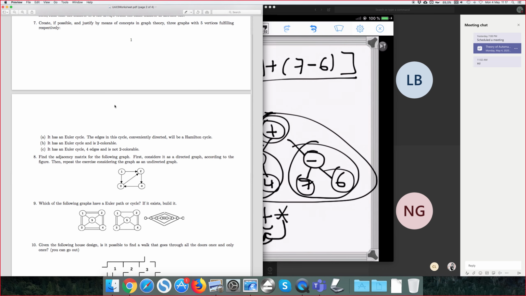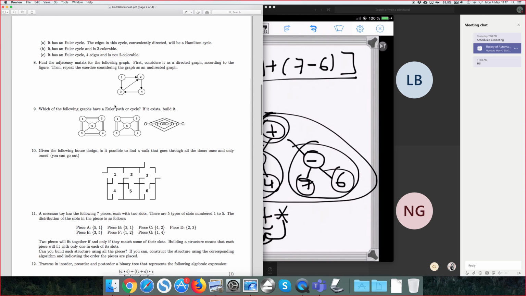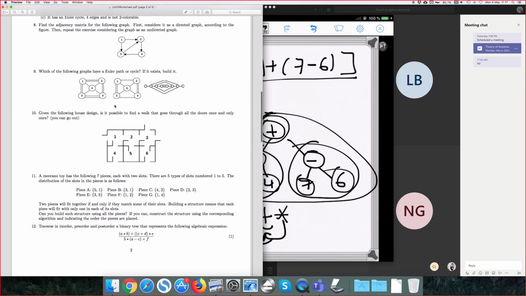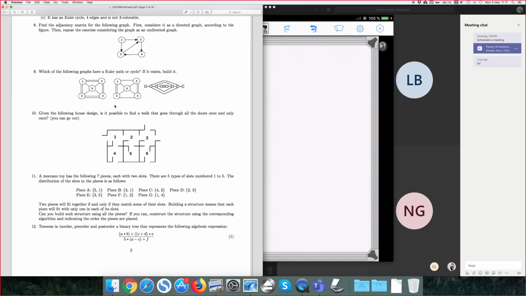Okay, so I'm going then to try to solve, well, first exercise 8, okay? Exercise 8. Exercise 8 is about finding the adjacency matrix for a graph, and then transforming this into an undirected graph and finding the adjacency matrix.